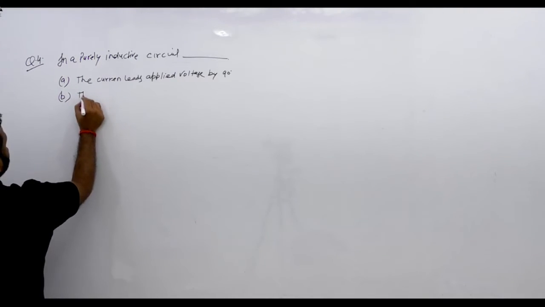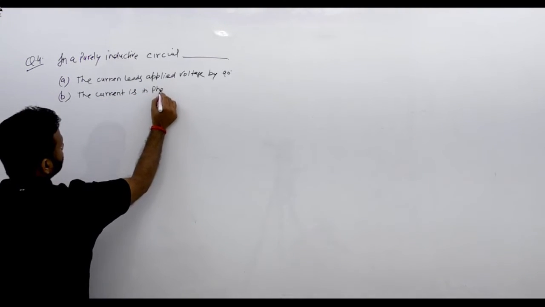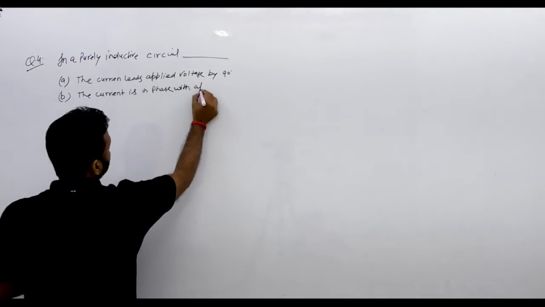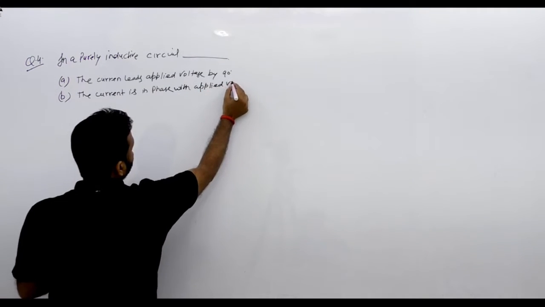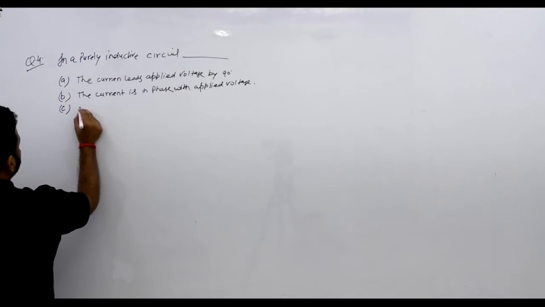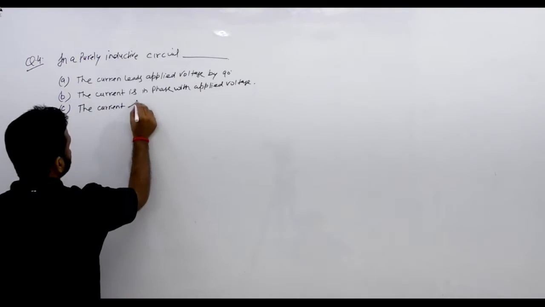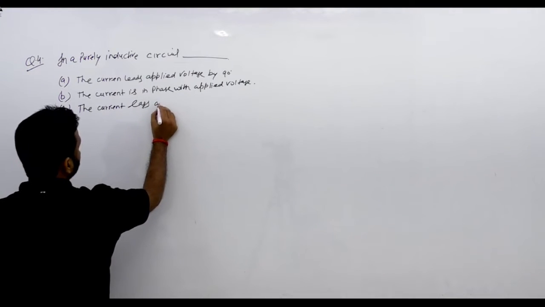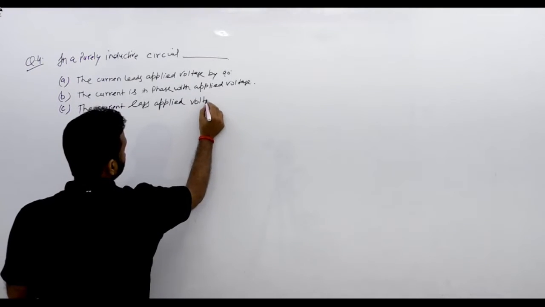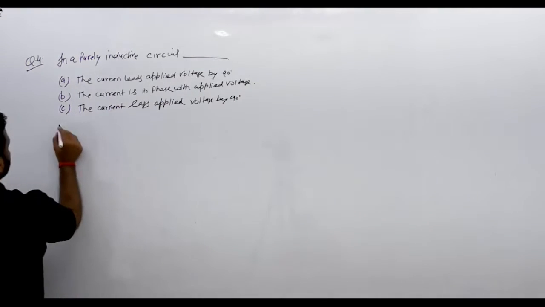The current is in phase with applied voltage. सी ऑप्शन जो है हमारा, the current lags applied voltage by 90 degree, and then last option is none of these.